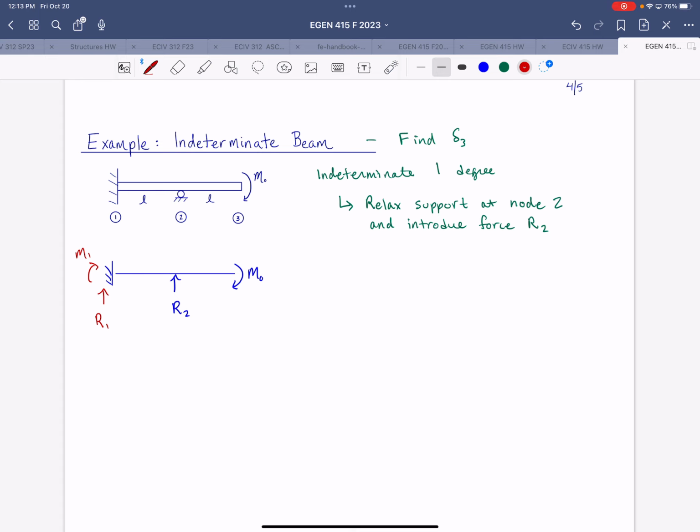And since we are looking for the deflection at node 3, we need to introduce a force at node 3 since there's not one there. So I'm going to choose Fi acting downward. So R2, you said, we're assuming it's an applied force. We're treating it as an applied force for this first part of the solution, yeah.